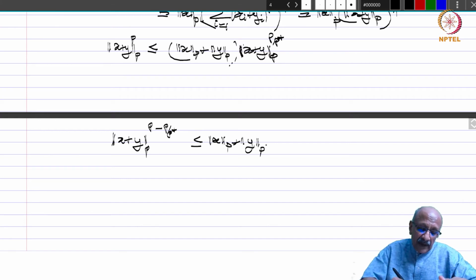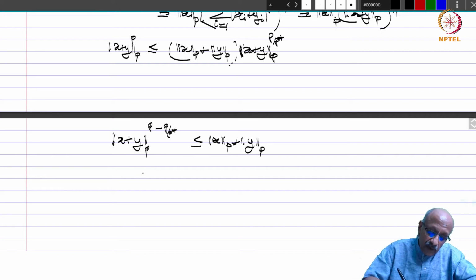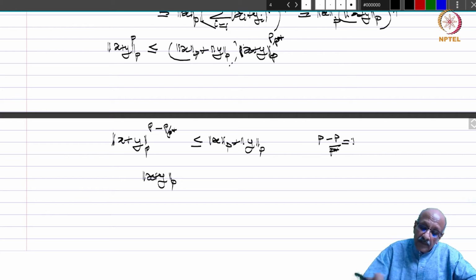But p minus p by p star is nothing but 1, and therefore you get norm of x plus y p is less than or equal to norm x p plus norm y p.